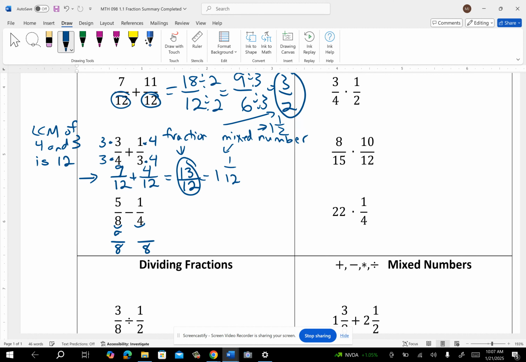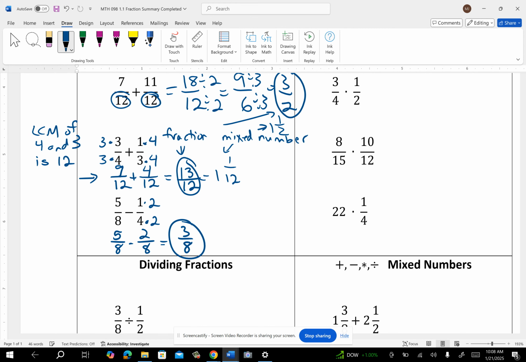And that way, I wouldn't have to change the first fraction at all. Saves me a little time. And then that second fraction, the 4 would need to be multiplied by 2 to make an 8. So I'm going to multiply by 2 on top to get 2. And I'm subtracting. So 5 eighths, take away 2 of those 8ths, I'd be left with 3 eighths, and that's fully simplified.